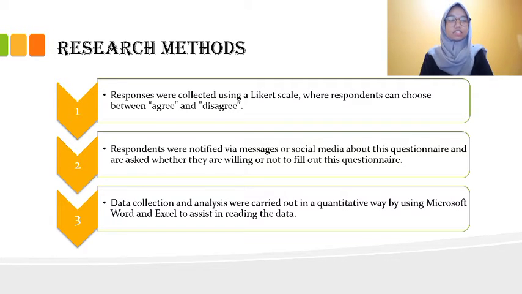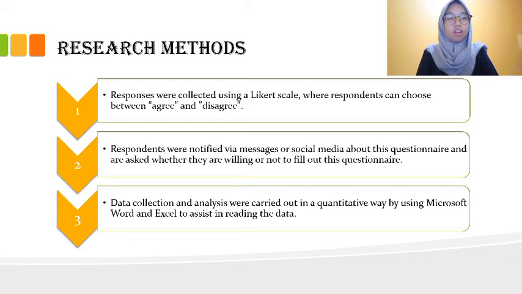The first is the types of ornamental plants, and then student preferences regarding the color of ornamental plants, and student preferences regarding the price of ornamental plants. Responses were collected on a Likert scale, where respondents can choose between agree and disagree.